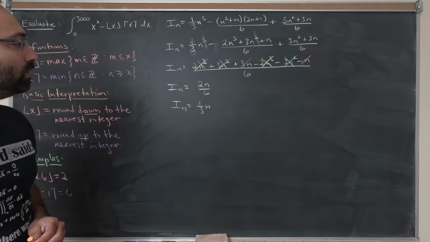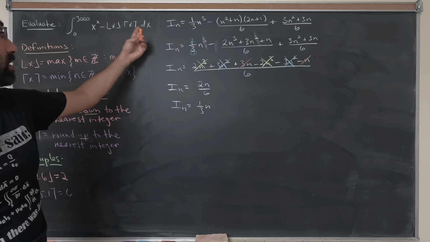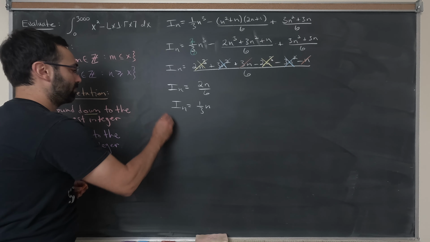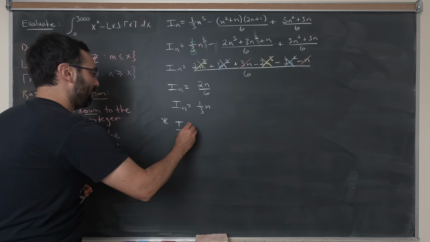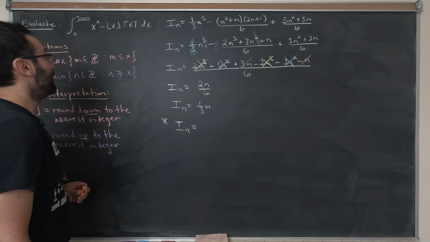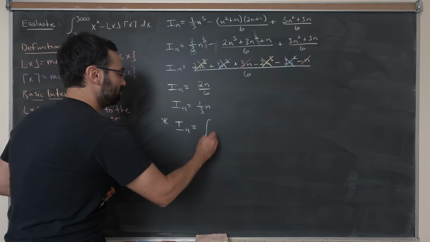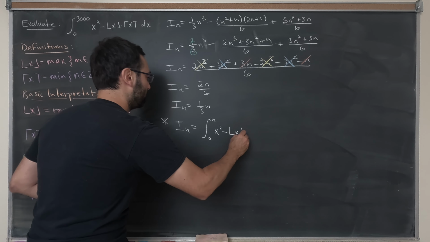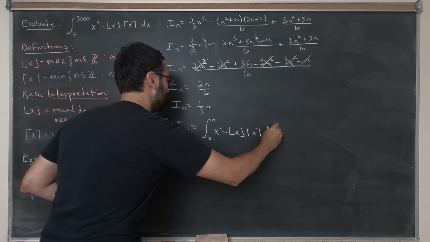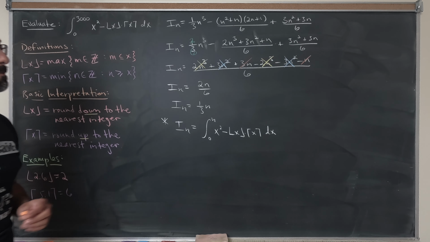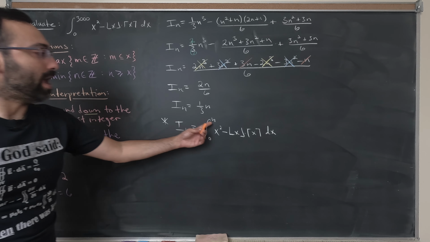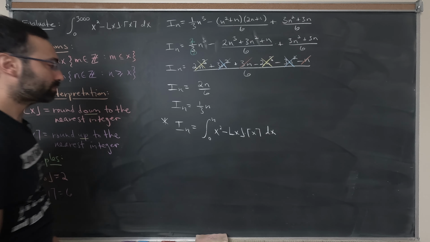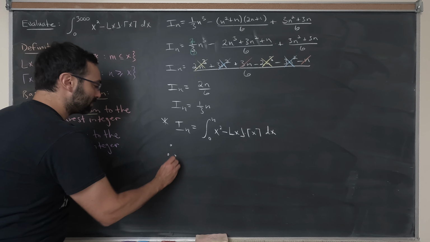Now remember, we had taken our integral here and written it as I sub n equals the integral from 0 to n of x squared minus the floor of x times the ceiling of x dx. And so our n was simply 3,000. So what does that tell us then?